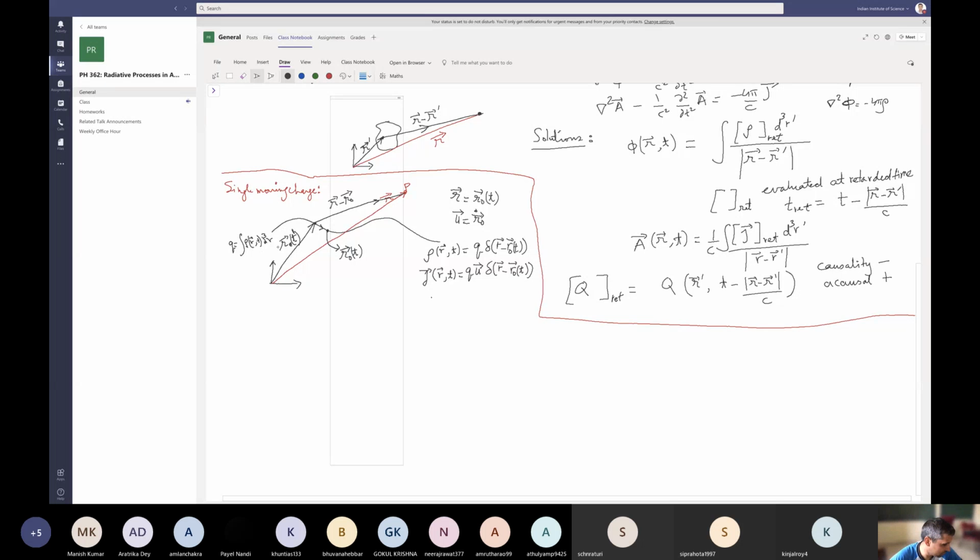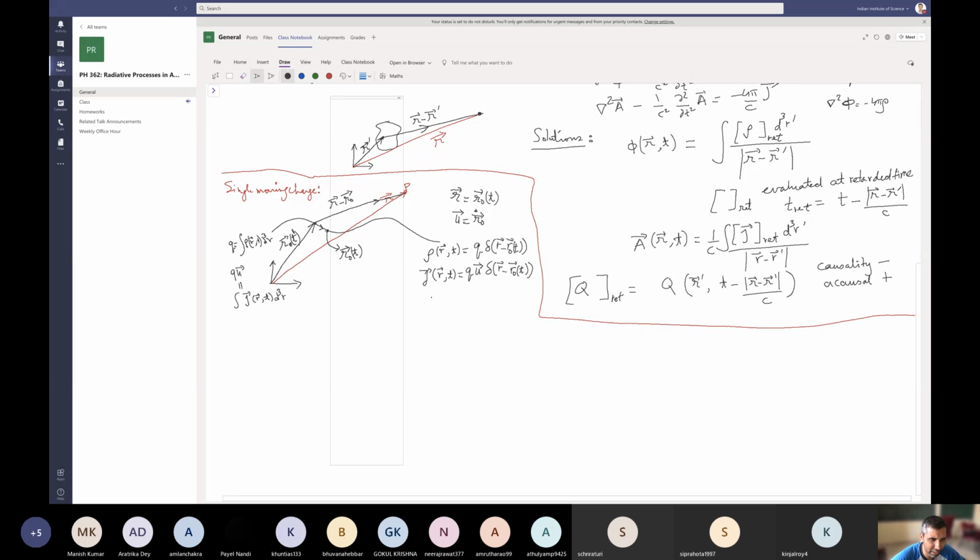If you integrate the charge density over the whole volume, you should get Q. And similarly, Qu is the current, equal to the integral of J d3r. This is the total current, this is the total charge, this is the current density, this is the charge density. A lot of this is about understanding what these equations mean. The notation is important to pay attention to.